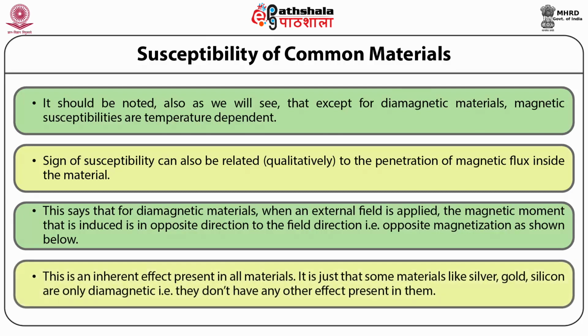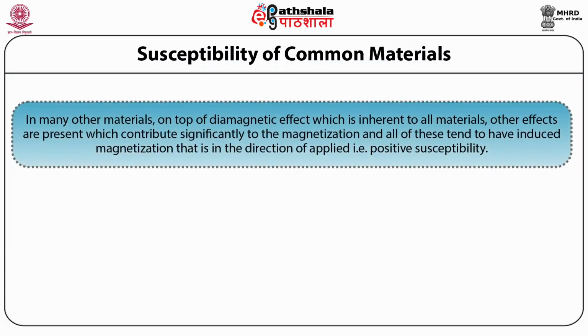This is an inherent effect which is present in all the materials. It is just that some materials like silver, gold, silicon are only diamagnetic, that is, they don't have any other effect present in them.